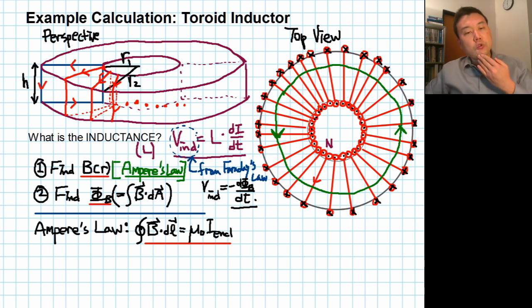Now, toroid geometry has really one symmetry here, and the symmetry is the rotational symmetry. As you take the toroid and rotate it about the center of the toroid, or more precisely about an axis that's going through the center, let's say out of the plane or into the plane, doesn't matter, as you rotate this toroid about that axis, nothing changes.